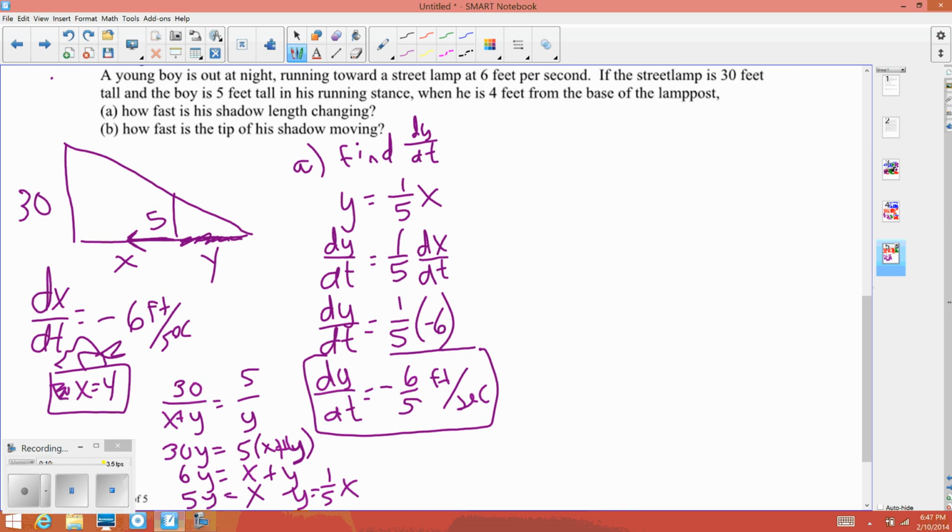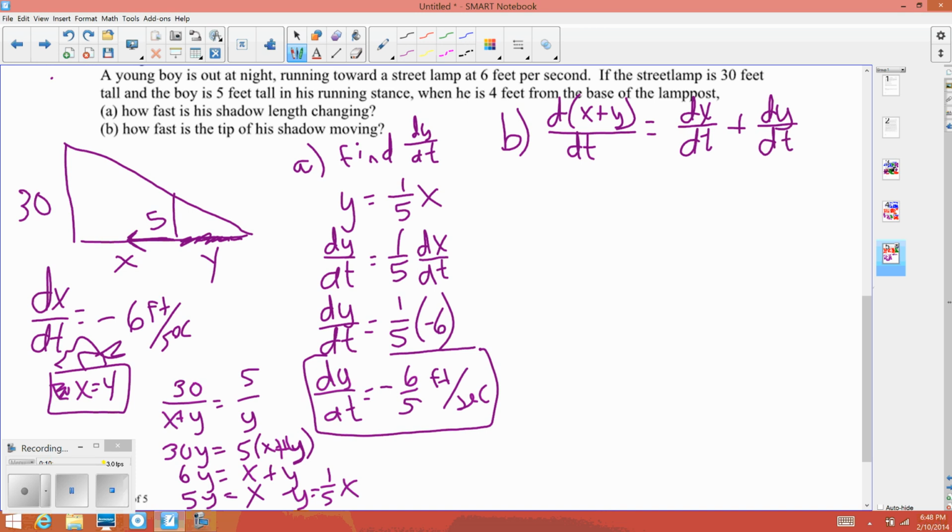Now, how fast is the tip of the shadow moving? All right, this one is where people have a little bit of trouble. But what we're looking for here is the derivative with respect to time of the sum x plus y. So we're looking at this whole length here. How is that changing? That is the same exact thing as doing dx/dt plus dy/dt.